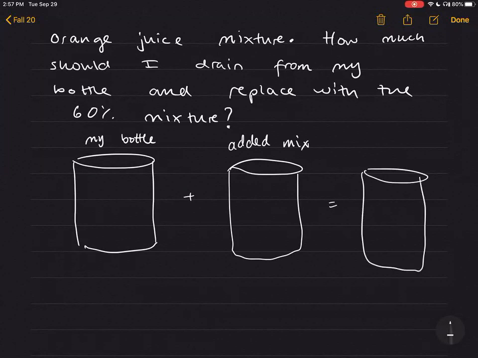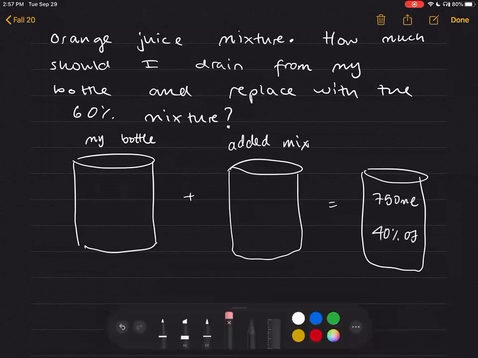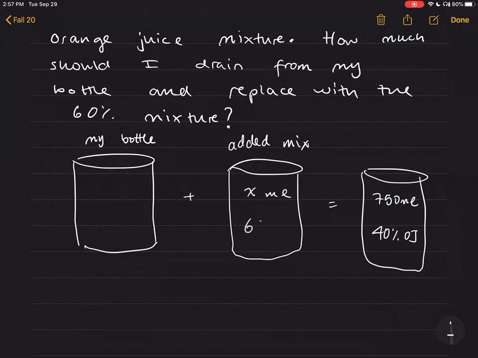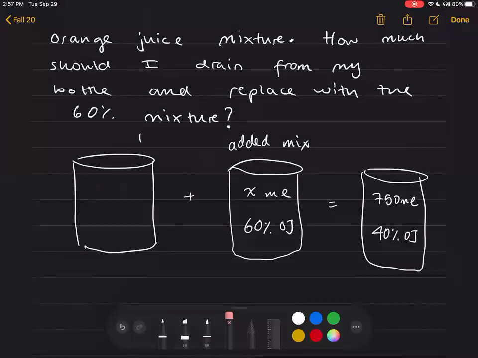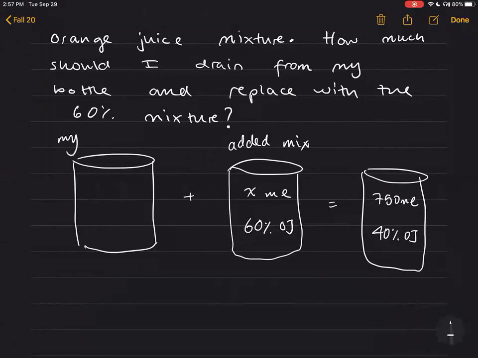So, well, I know that the water bottle is 750 milliliters total, right? And I know I want 40% orange juice. And then in my friend's mixture, I don't know how much I want to add, but I do know that it is 60% orange juice. And then for my water bottle, or at least I shouldn't say my bottle, it's more accurate to say my mix, right?